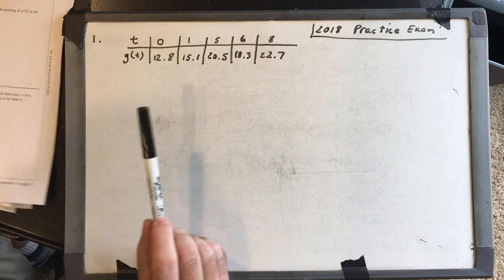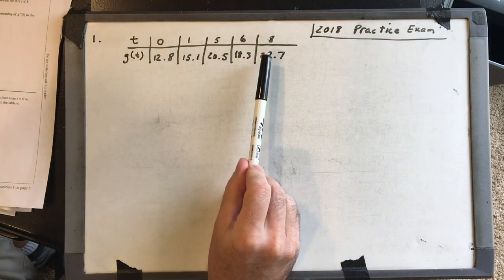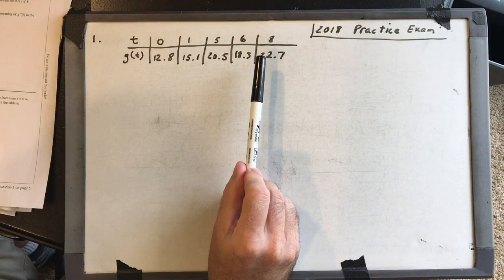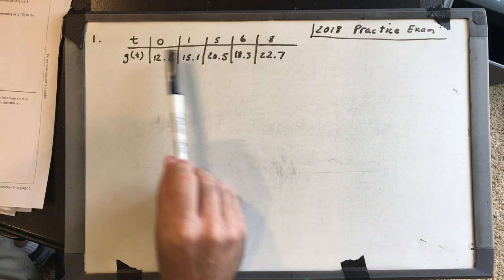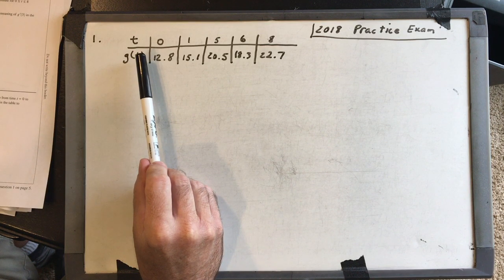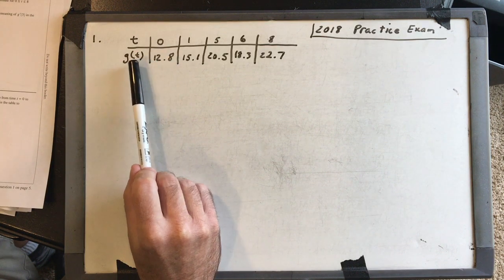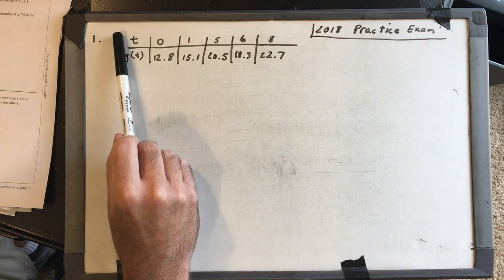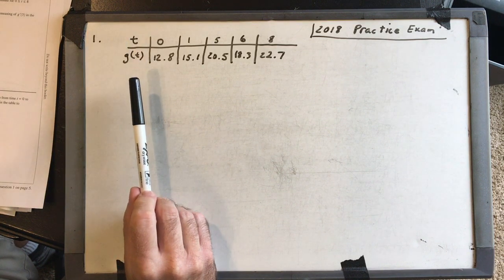So number 1, you have a table, and it's about grain being added to a silo. That grain is added to a silo in cubic feet per minute, and that's G of T, and then here's the time in the top of the table.